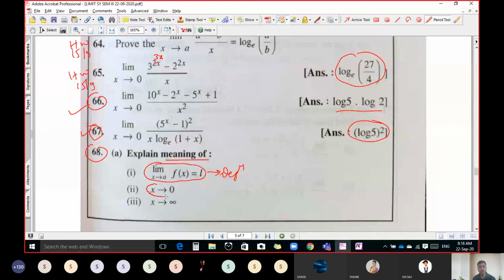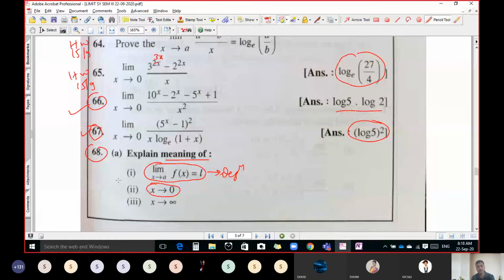Does anyone know the meaning of this x tends to 0? x tends to 0 means x is very near to 0 but not exactly 0. It may be 0.000001. That we already discussed in our first and second lecture in a very precise manner.